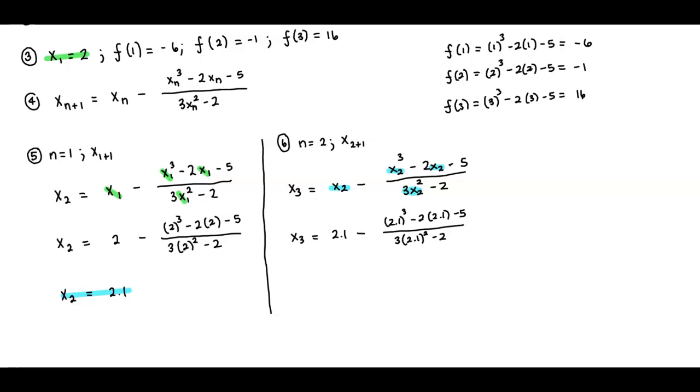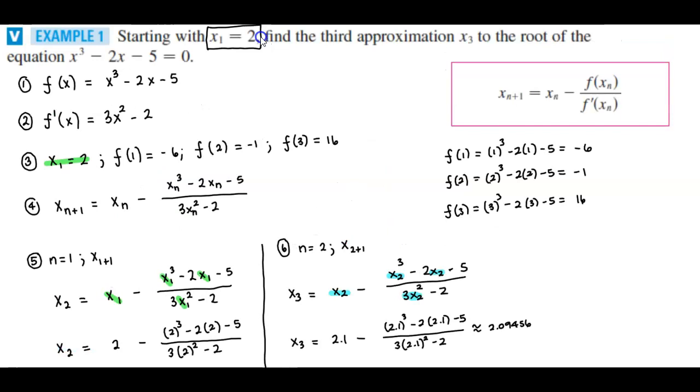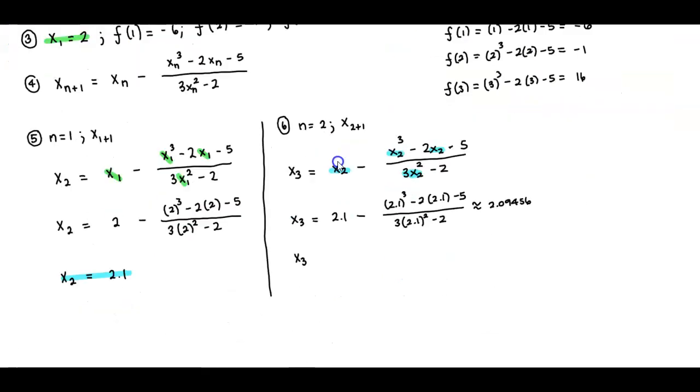And so we get approximately 2.09456. Okay, and we're going to approximate to 4 decimal places.